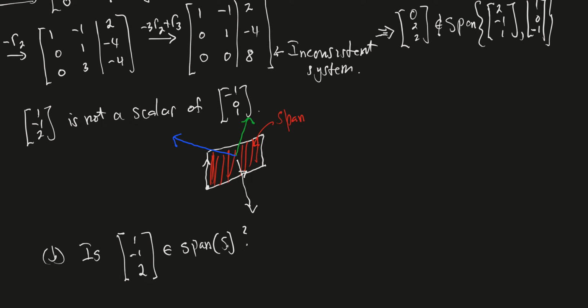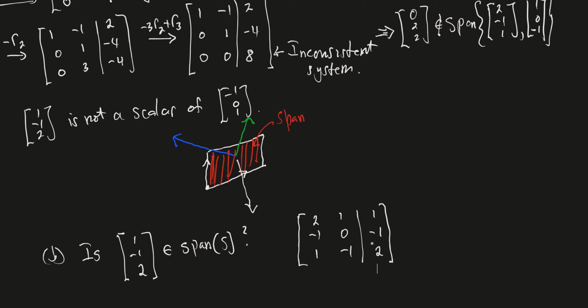All right, so to answer this question, let's set up our augmented system. My columns are the same, but now I have a different target vector, right? So there's a different vector that I want to produce. So it's 2, -1, 1, 1, 0, -1, and then we're going to augment it now with 1, -1, 2.